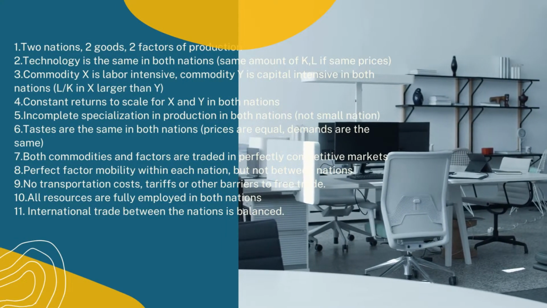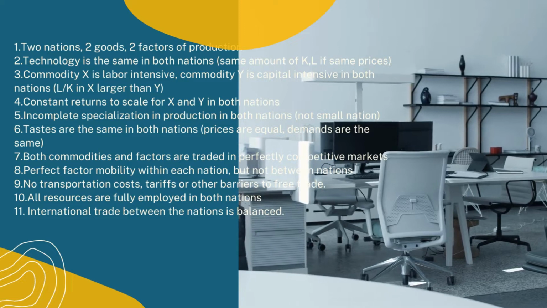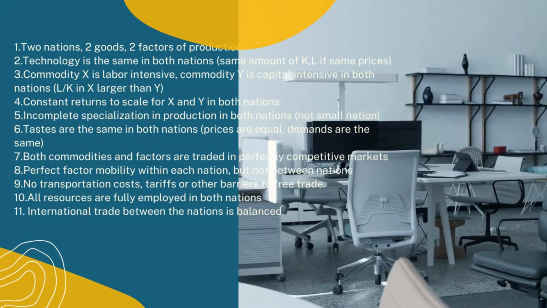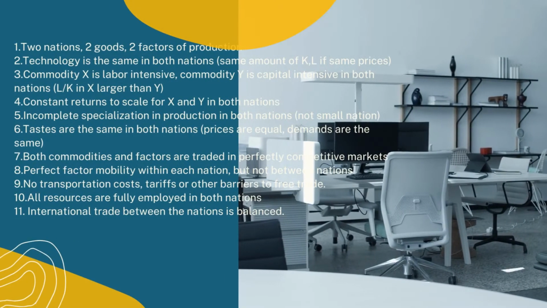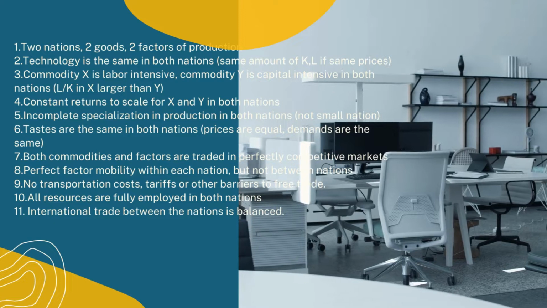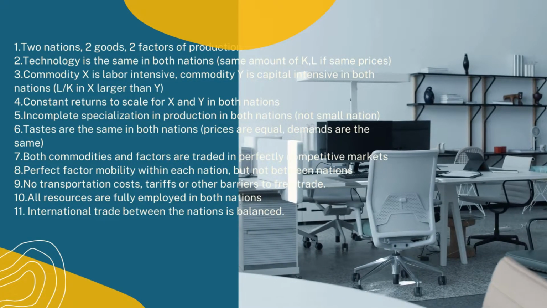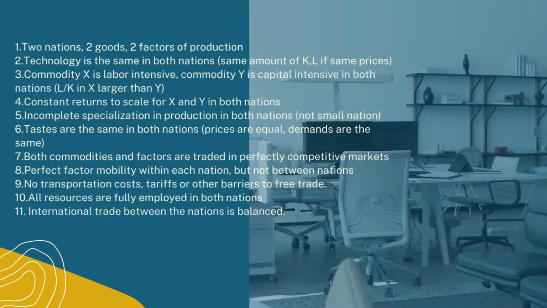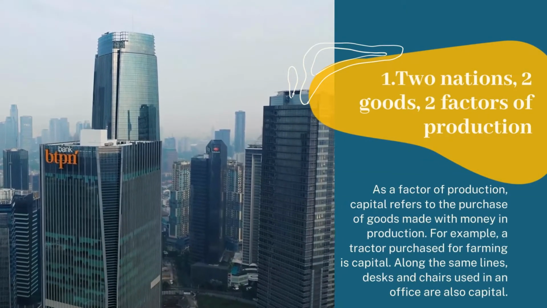The ninth is no transportation cost, no tariff or other barriers to trade. The tenth is that all resources, capital and labor, are fully employed in both nations. The eleventh is international trade between nations is balanced.